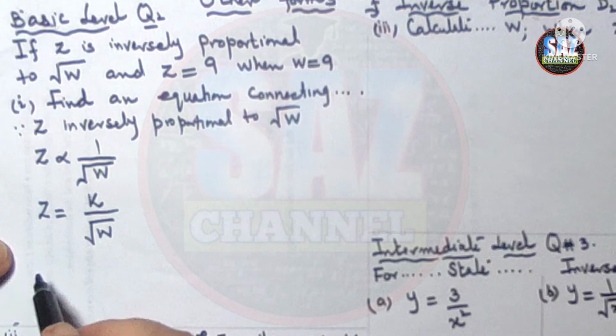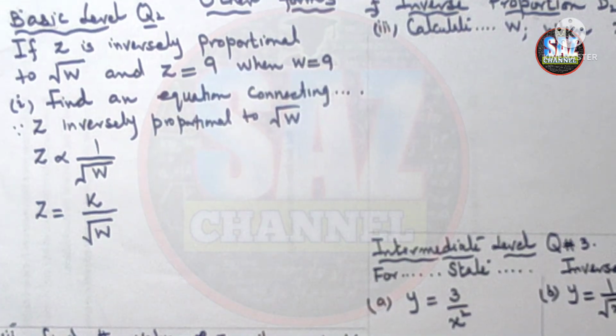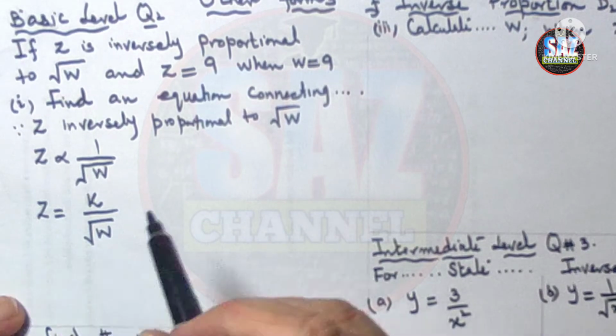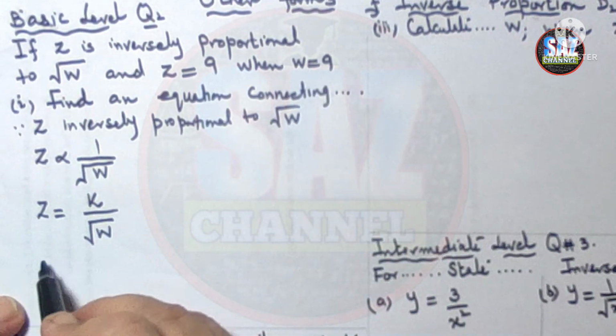So what we are going to do is replace the values of z and w with 9 carefully. These are really easy questions, students. You just have to focus on how to find squares and square roots and cubes and cube roots, and the question will be easy for you.